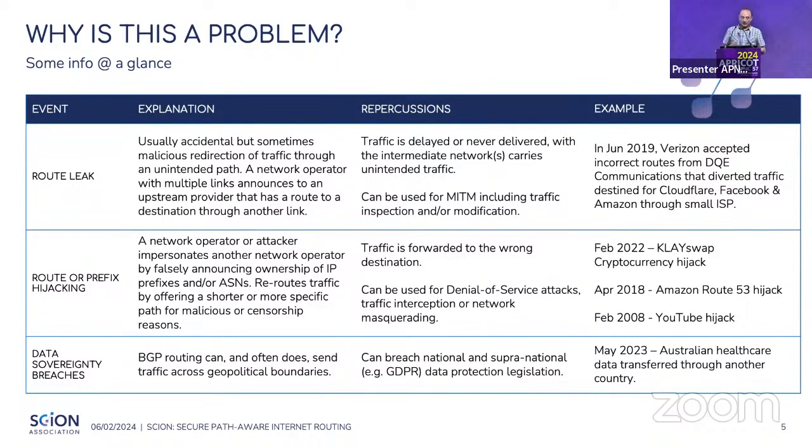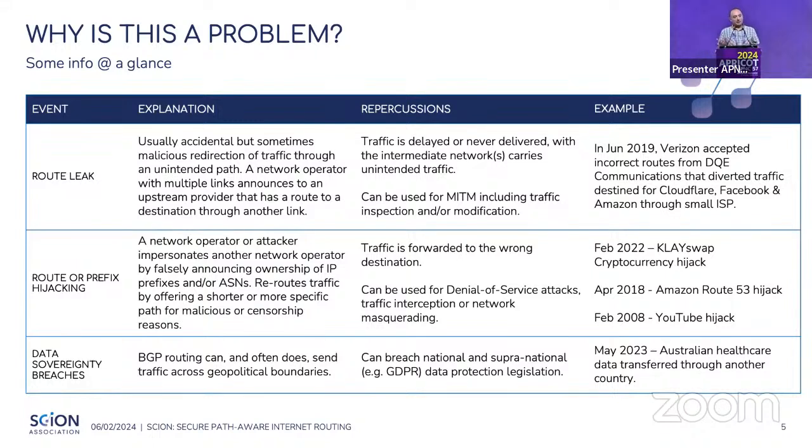So why is this a problem? Again, we already heard this week about route leaks and route hijacks. You probably have some familiarity with those. A route leak is perhaps more of an accidental misdirection of traffic through an unintended path. That can result in delayed or undelivered traffic, and it can be used for more malicious reasons.